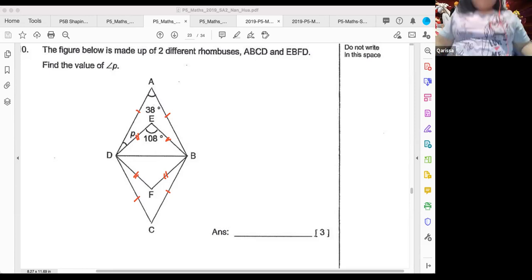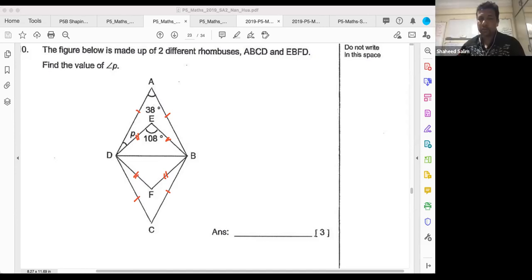Hold on. Congratulations, Miss Putri. Putra, you got to check your answer. I think you got one part of the answer correct. Farish, well done. 36. 36 or 30? Oh, I typed wrongly.